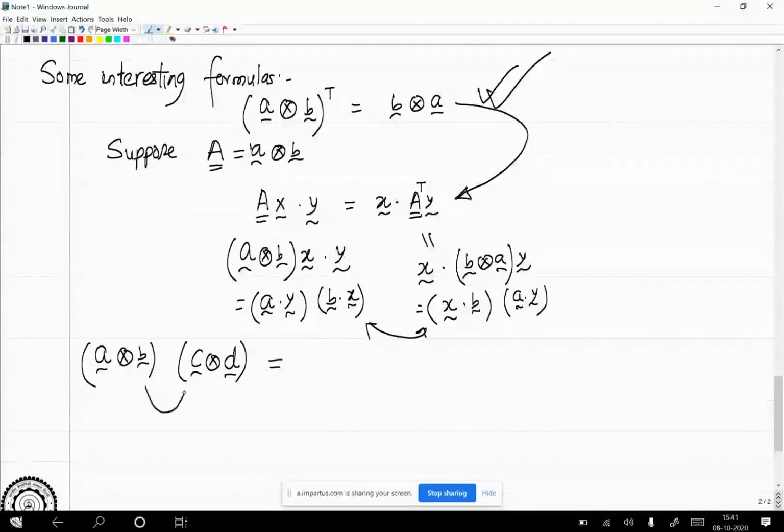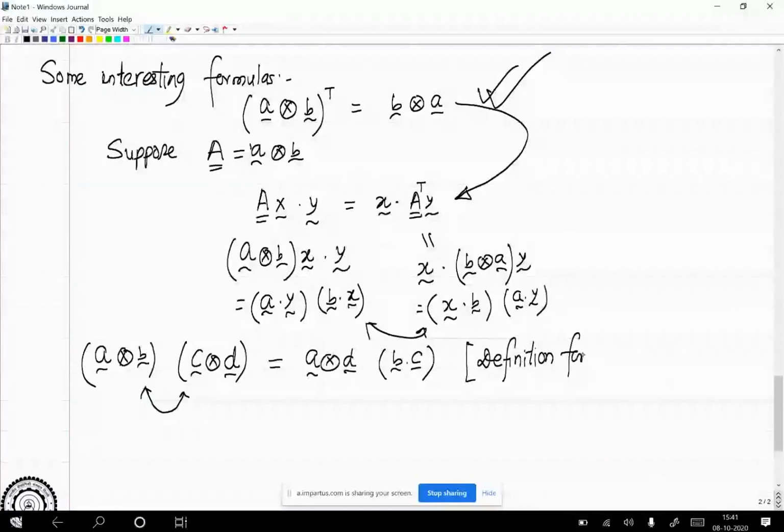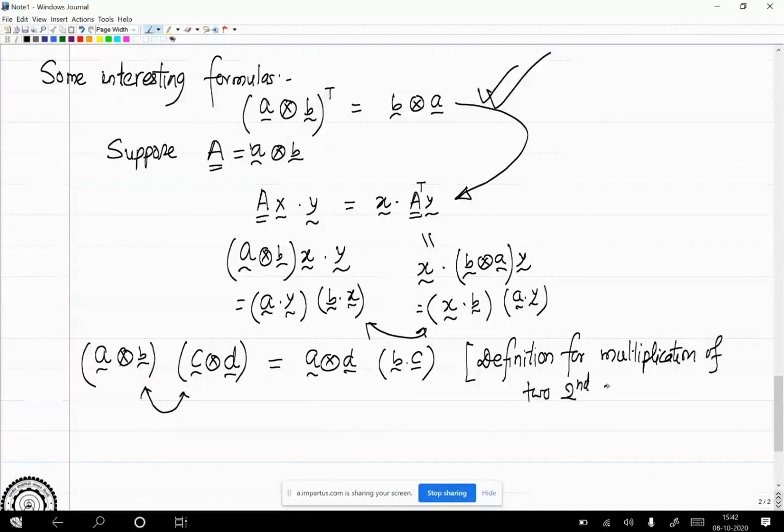We are simply going to dot the inner ones, and then this becomes A tensor product D of B dot C. So I'll write here that this is the definition for multiplication of two second order tensors.